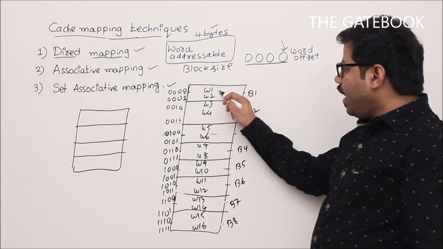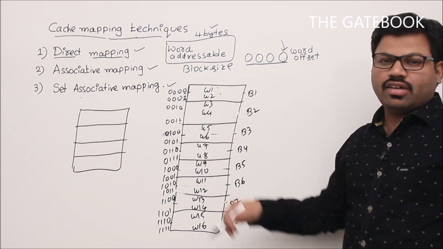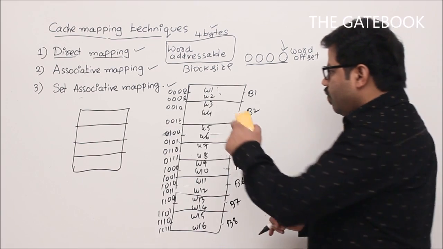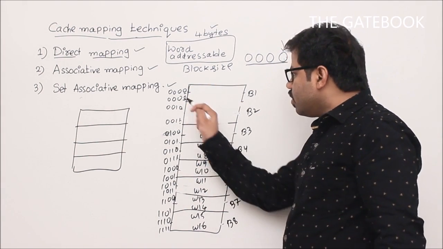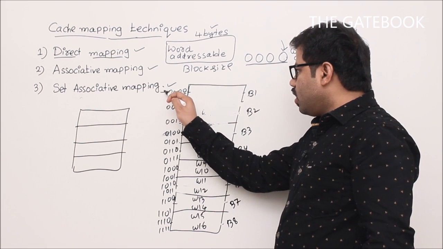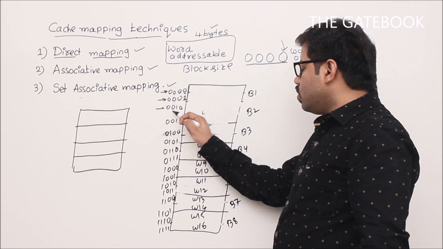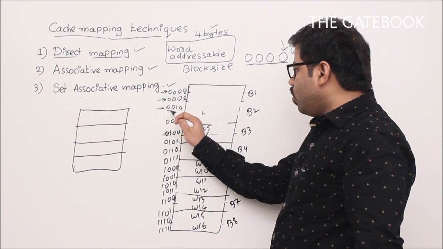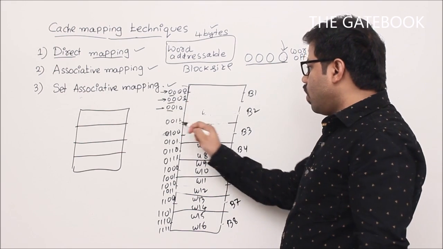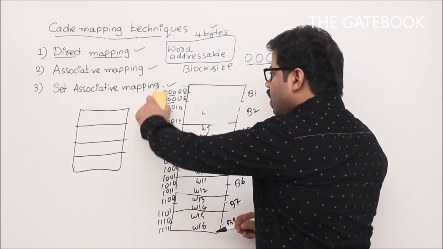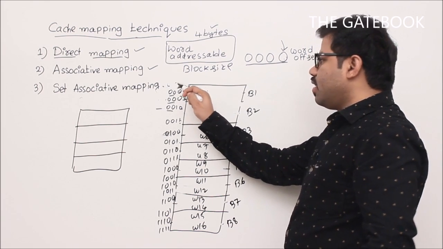If this block has 4 words, then we would have used 2 bits, because 2 bits will oscillate. Try to understand. For example, what if block size is 4 words? What are the memory addresses of them? 0000, 0001, 0010, 0011. Then this 00 part is fixed and this part will vary, from 00 to 11. So when you have 4 words in a block, these 2 bits will indicate the word.